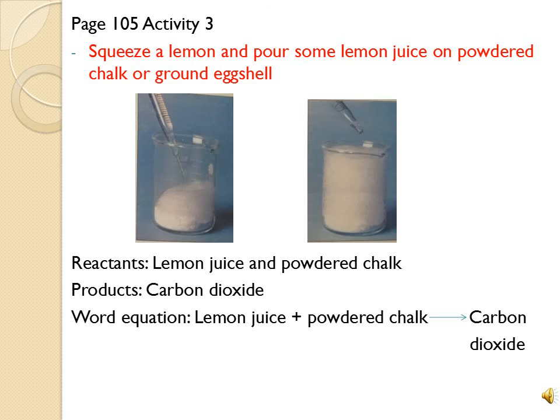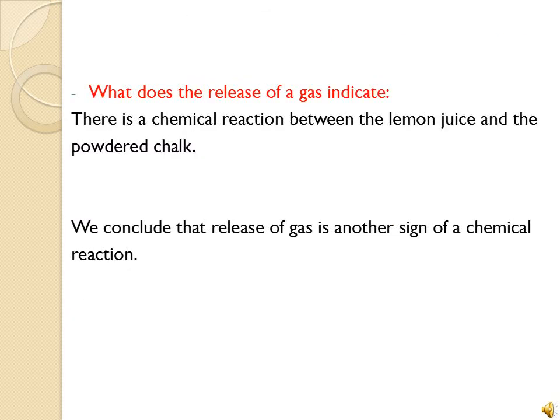So if I want to write the chemical reaction as a word equation, we said that lemon juice plus powdered chalk arrow gives carbon dioxide. So you will notice that there will be bubbles, and this is evidence that there is gas formation. What does the release of a gas indicate?